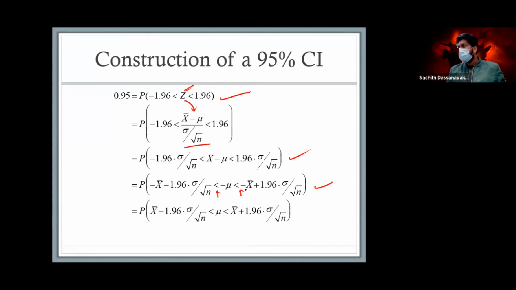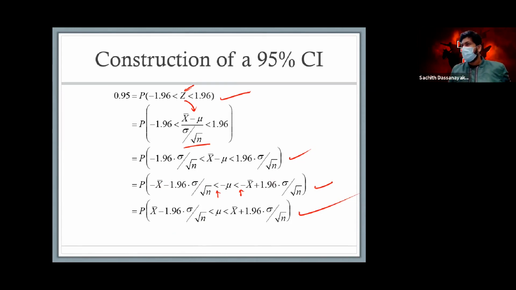Do you remember that this sign changes? This is going to be positive, this is going to be positive, but the sign change flips the other side. So that's how we get this. Clear?